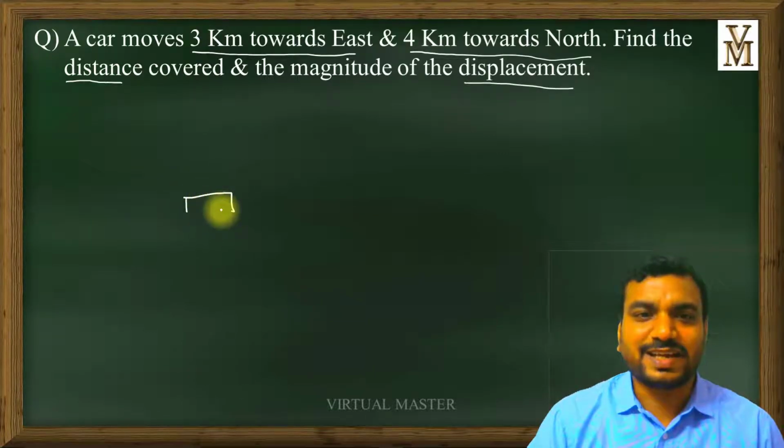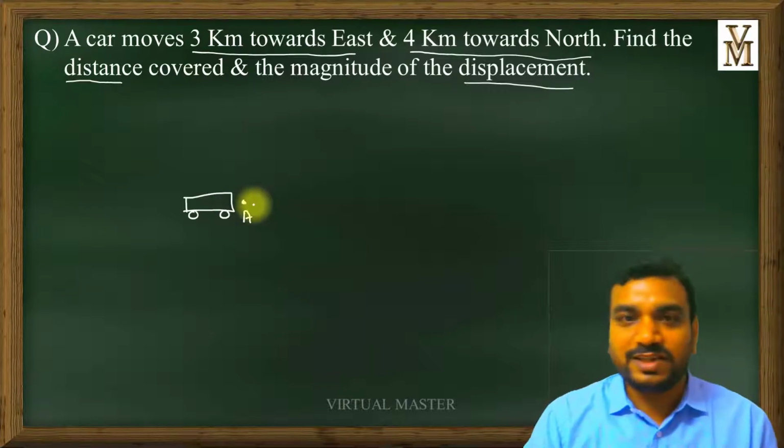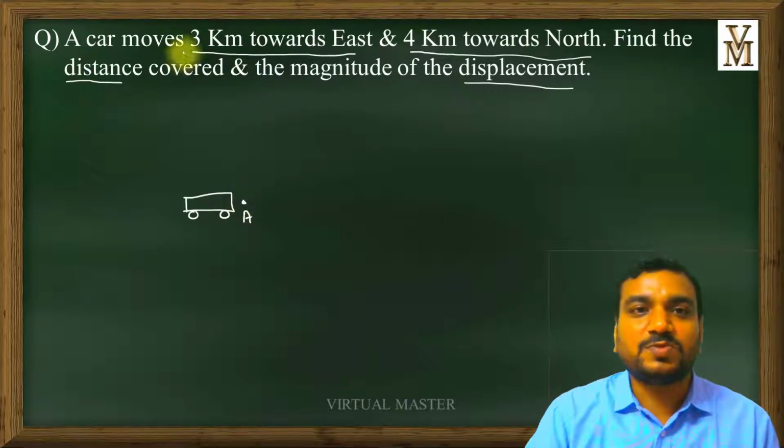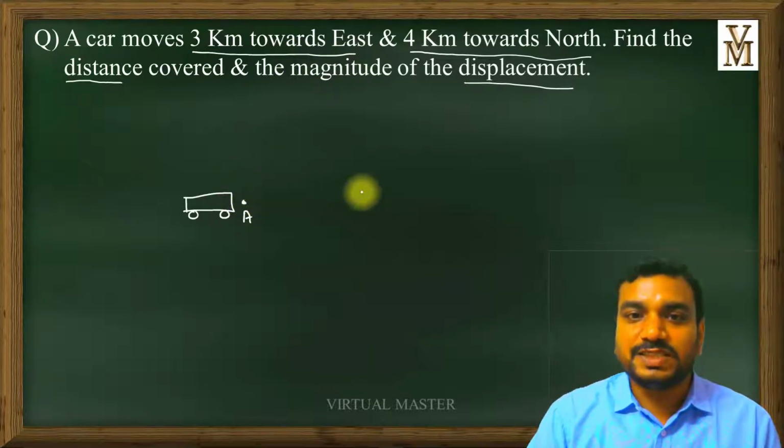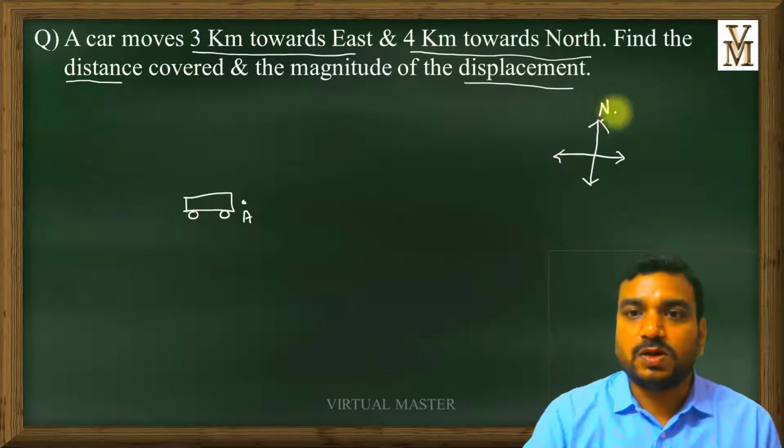Let us draw the diagram of the car. It is not exactly like a car, but you have to assume this is a car. Initially, it starts from point A. From point A, it is moving 3 kilometers towards east. I will draw the directions: this is north, this is south, this is east and this is west.